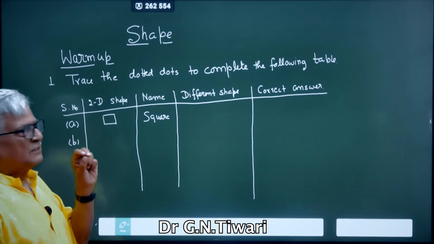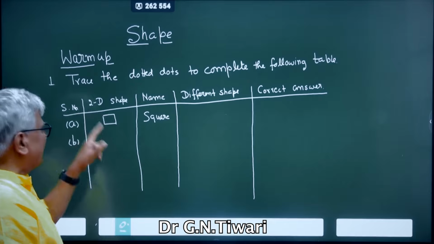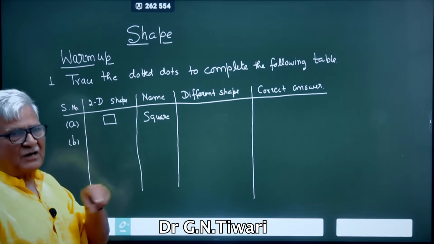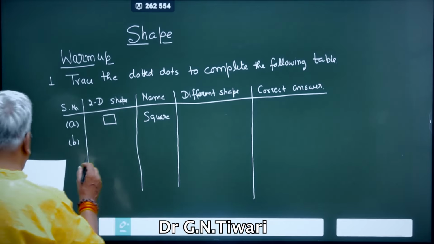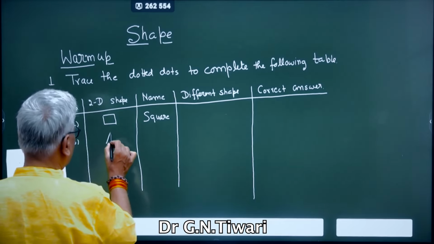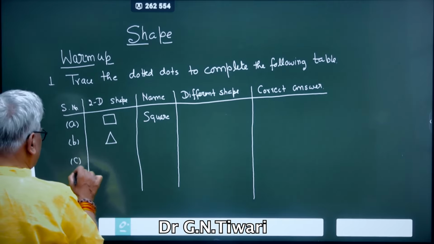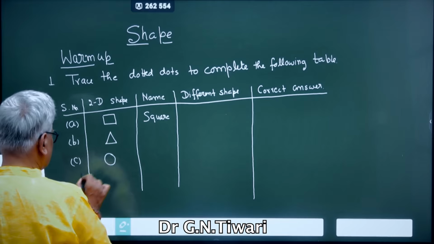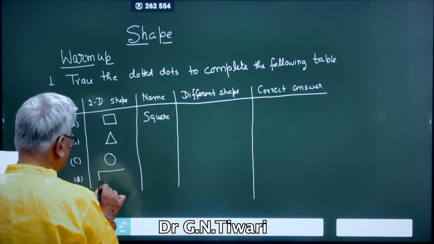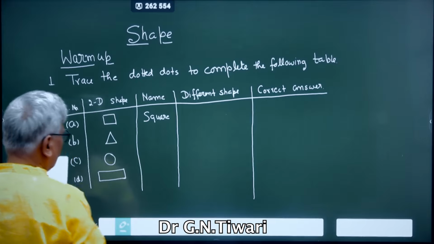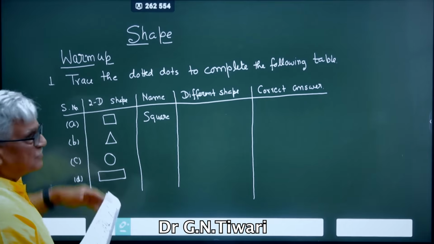One is the one-dimensional, the dot is one-dimensional, and this line covered by all the sides is the 2D shape. And B is the triangle, C is the circle, and D is the rectangle. Rectangle is the bigger, you can say, shape of the square. In a square, all sides are equal, here opposite sides are equal.